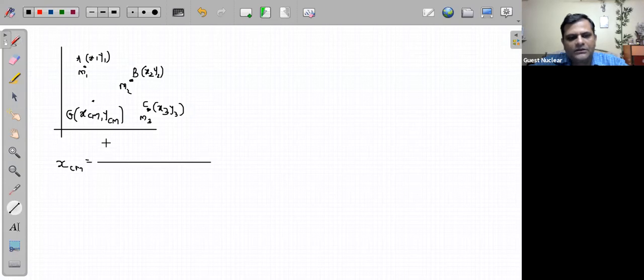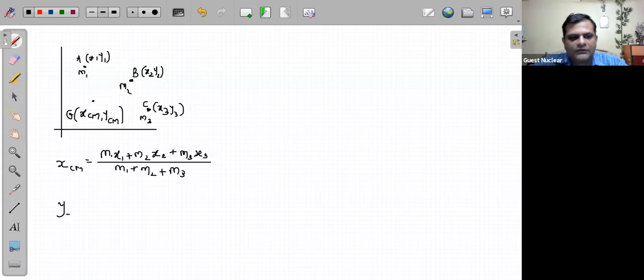Here in the numerator we can just have m1 x1 plus m2 x2 plus m3 x3, that is to be whole divided by m1 plus m2 plus m3. That's it. So this is the formula for finding the x coordinate of center of mass.